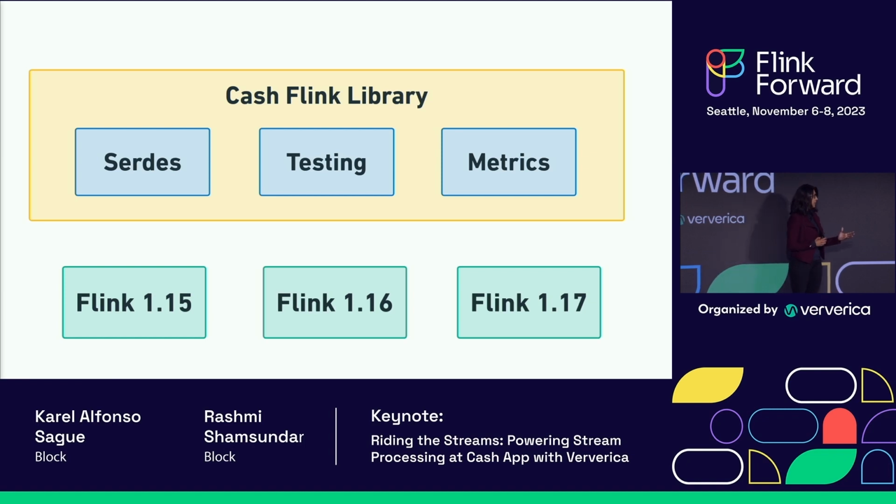So via this layer, we provide libraries for serializing, deserializing events, Flink testing, metrics reporter for observability, feature flags for rolling out, etc. We provide support for multiple Flink versions, which match the Flink versions supported to us by Ververica, so that the engineers can choose the library package version that supports the version of the Flink app that they're building.